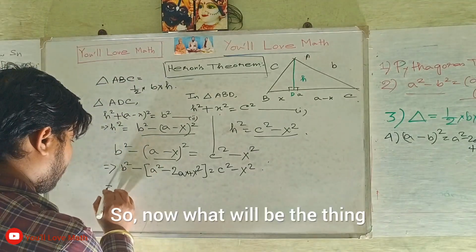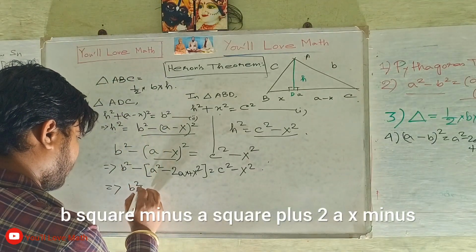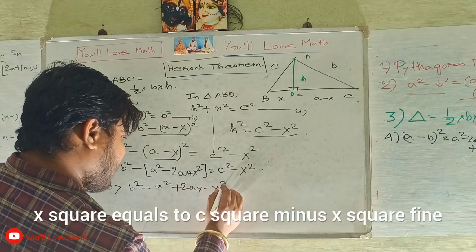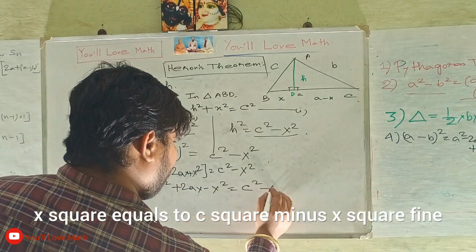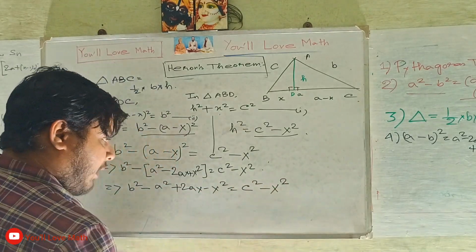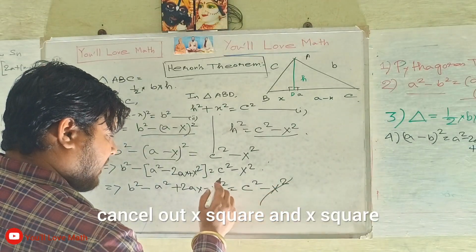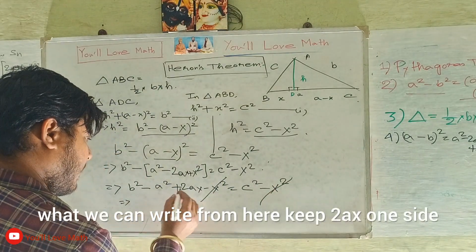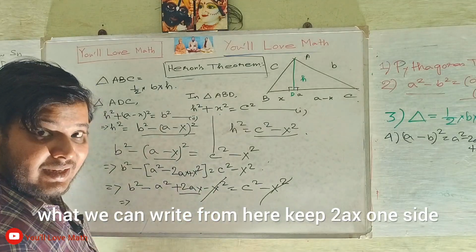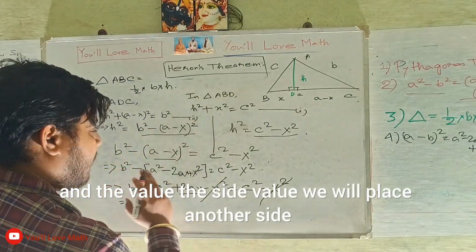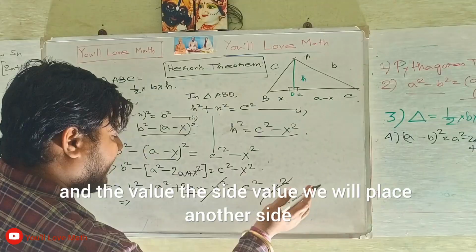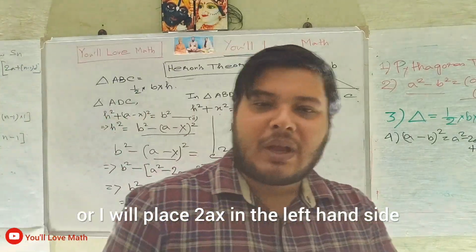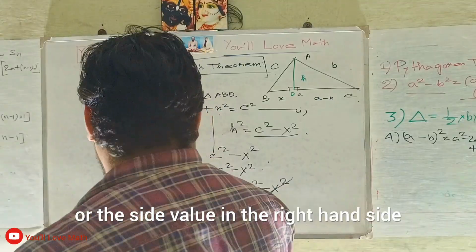Yes. So now what will be the thing? B square minus A square plus 2AX minus X square equals C square minus X square. Fine. Now cancel out X square and X square. So what can we write from here? Keep 2AX on the left hand side, and place the other values on the right hand side.